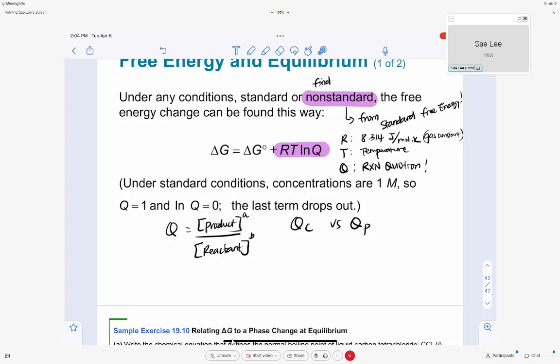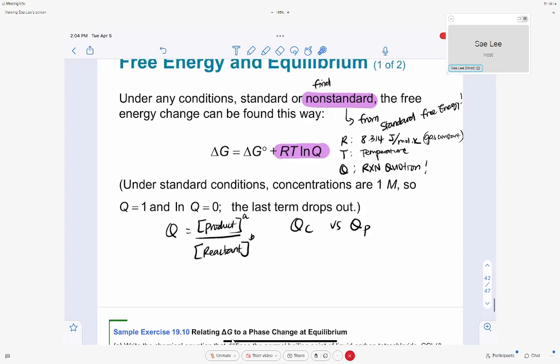At standard condition, we've already learned that the concentration will be 1 molar, right? This is true for both products and reactants. So if the ratio of product and reactants is 1, the reaction quotient is 1.